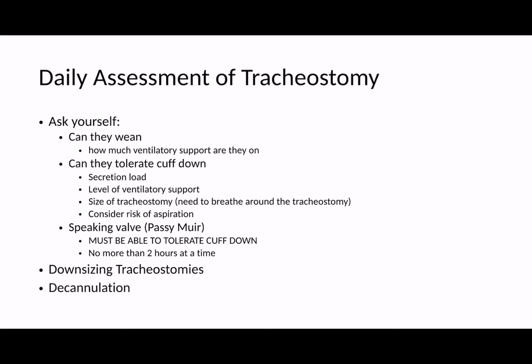It's arguably not that important to do that because as long as you've got a patent tracheostomy, the air will come in and out through the combination of both the trache and around the sides of the tracheostomy. So some people don't downsize. However, the vast majority of, certainly the older consultants, tend to downsize early in their weaning period.